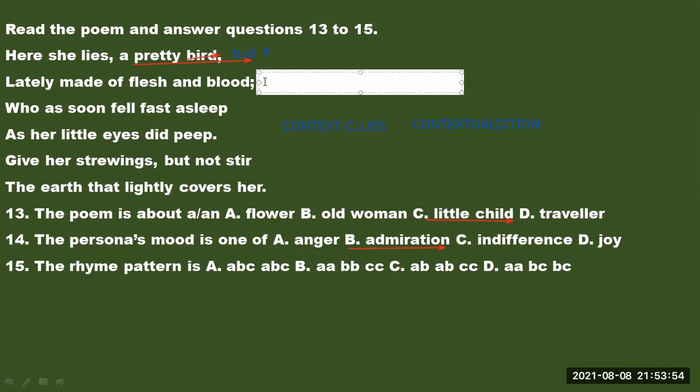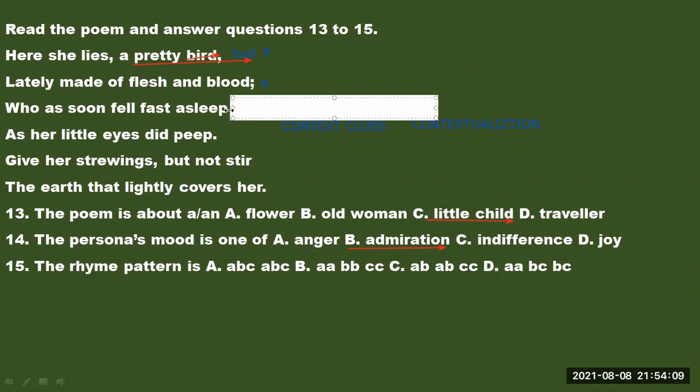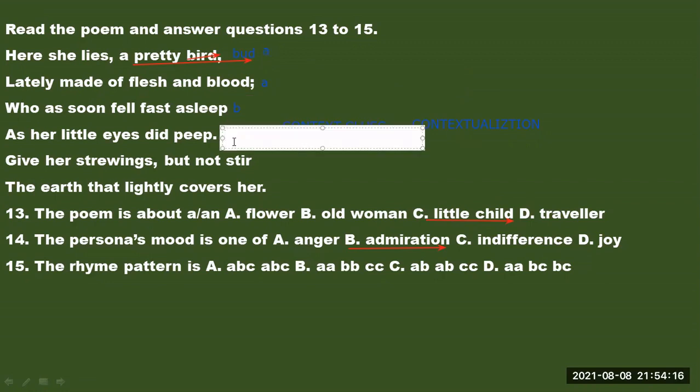And so this is also A, because it's the same sound. This is blood and this is bad, blood, bad, all right? Then sleep is a different sound, and we call this B. And then this one we call B as well, because sleep and peep contain the same sound. They rhyme. The first two are rhymes, and the second two are rhymes.